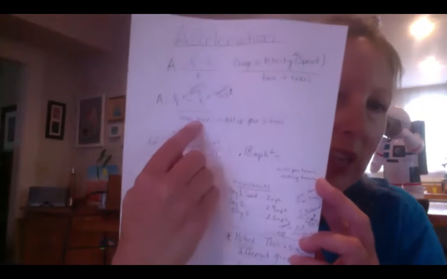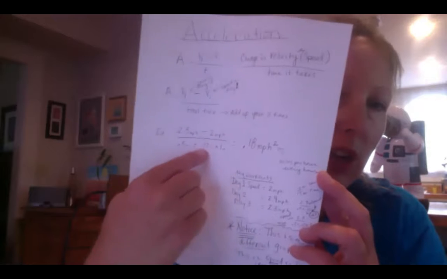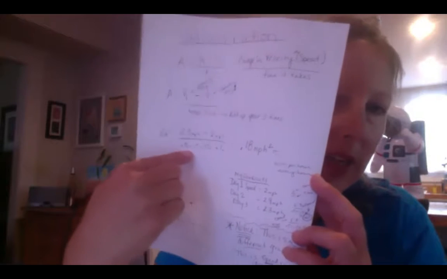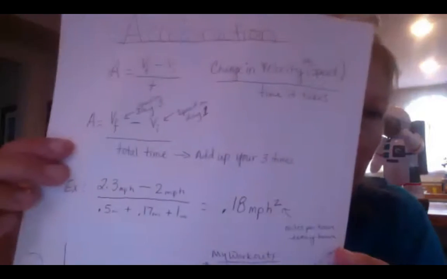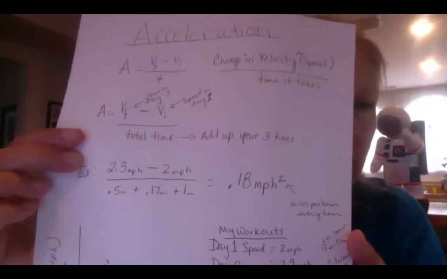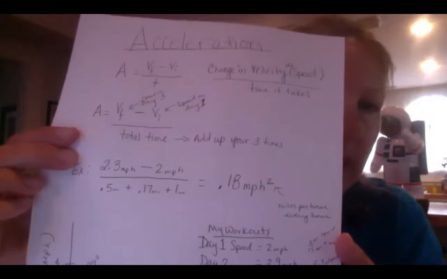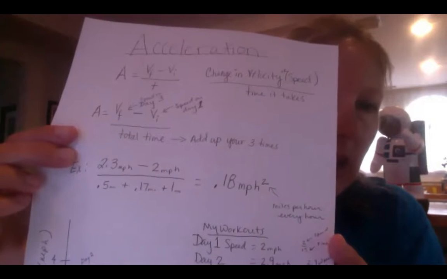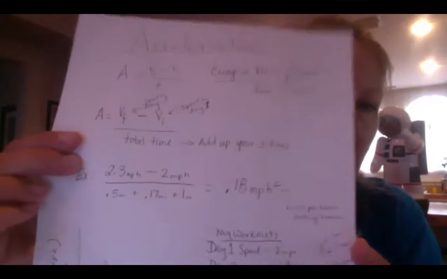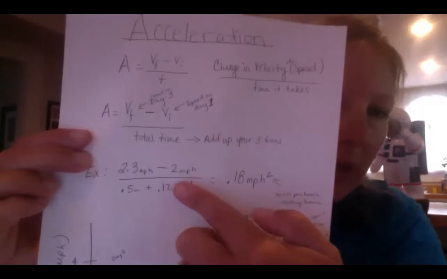And then we're doing this over our total time. So you're going to add up your times here. And so the first day I went 30 minutes, or half of an hour. Oh, I see. I made a mistake on my units. These should say hours, not minutes.